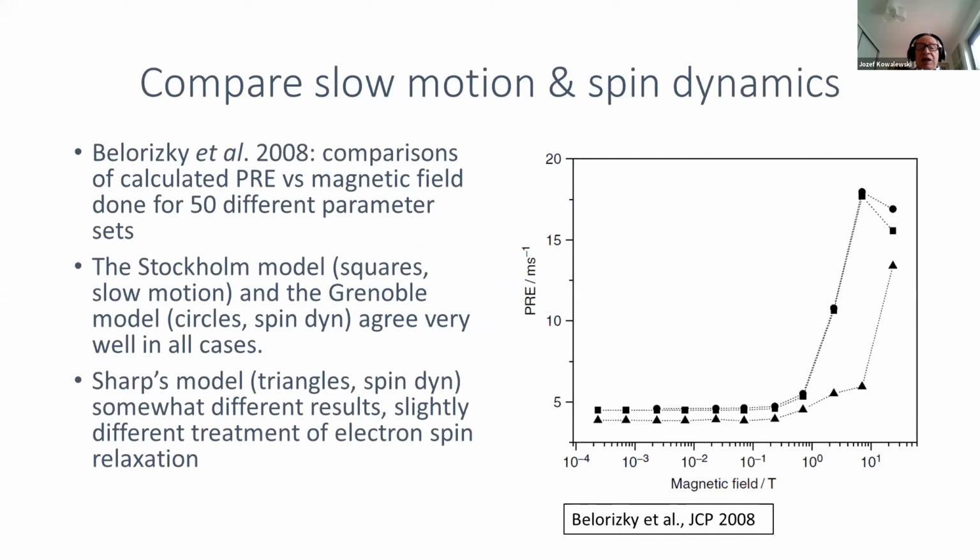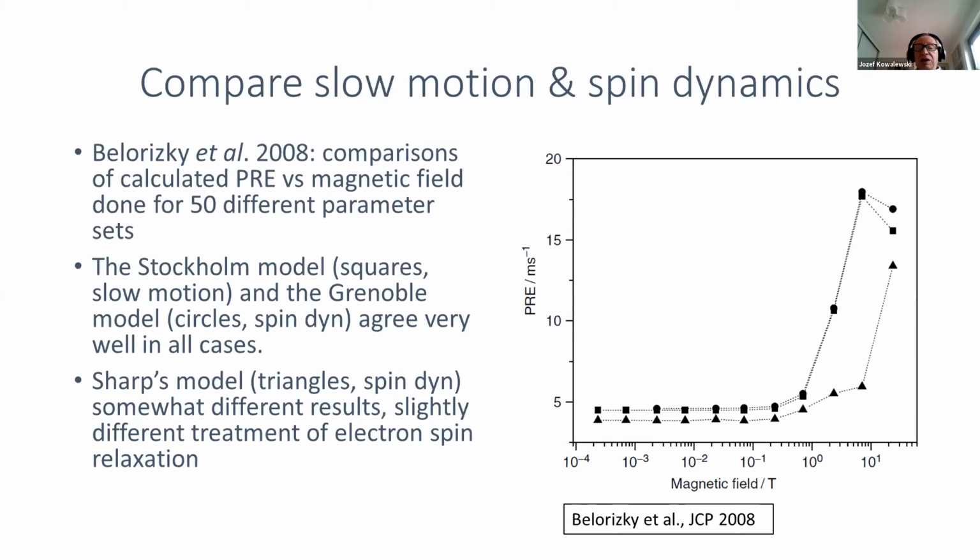But still, we, the people doing the spin dynamics and we doing the slow motion theory, decided to join our forces and calculate the PRE against the magnetic field for a large number of different parameter sets using their model and our model.